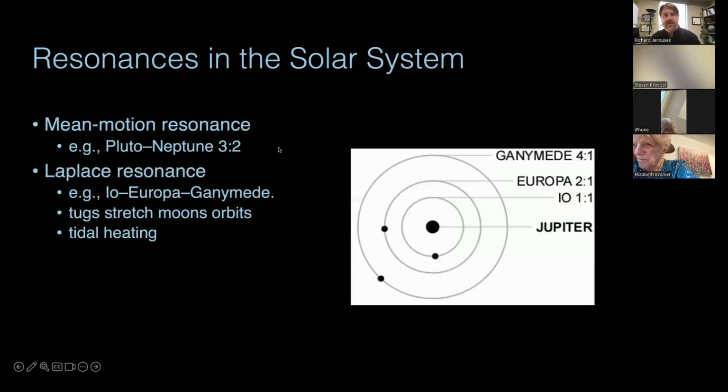Okay, so let me try and simplify this resonance idea a little bit more. Here's an animation that shows Jupiter's moons, Io, Europa, and Ganymede. We've left out Callisto. Callisto is the other large moon of Jupiter, but it is not in a resonance.